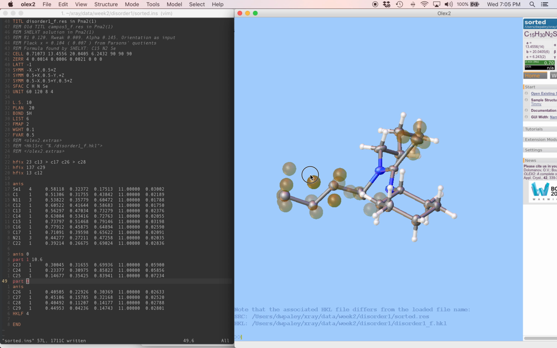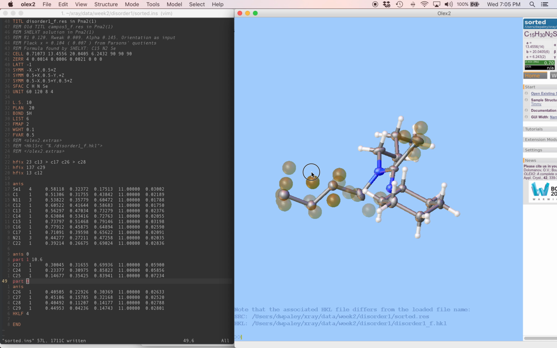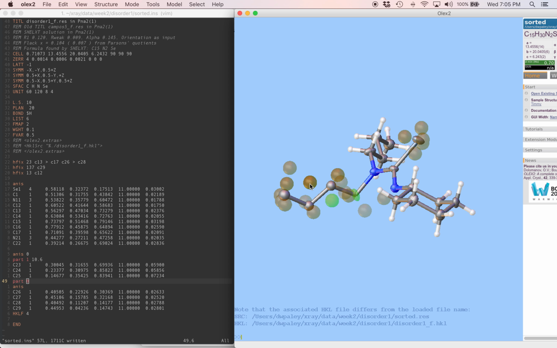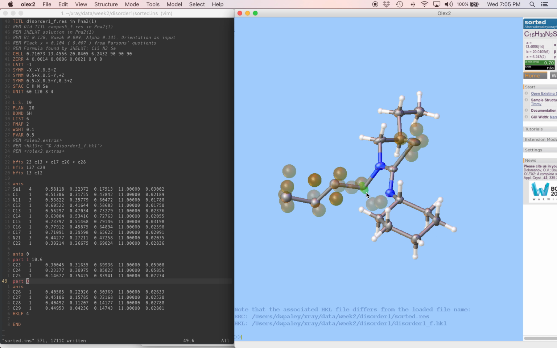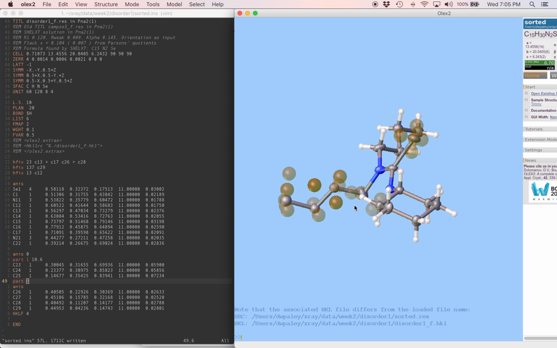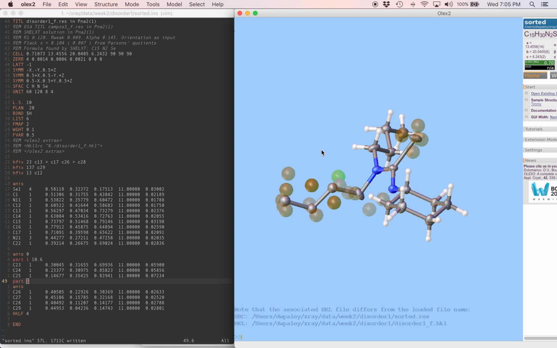Second of all, the conformation here just looks more realistic to me compared to this other one. So we'll go with the stronger difference feature for now, and if it turns out that we need to worry about this later on, maybe we'll worry about it. But for now, we're going to put in a second position of carbons 23, 24, 25, and we're going to use these 3 Q peaks that I picked out.